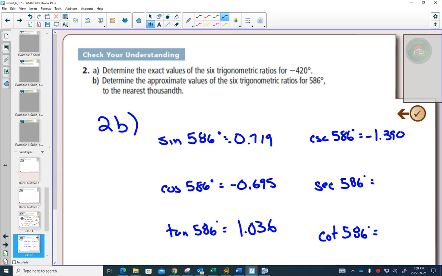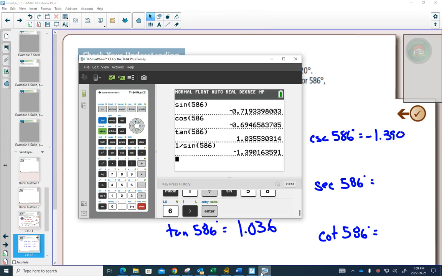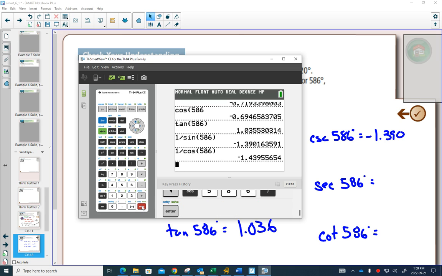Same thing for secant. I can do 1 divided by cos of 586, negative 1.440.